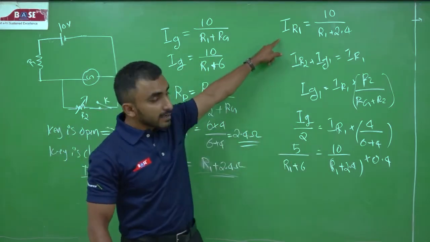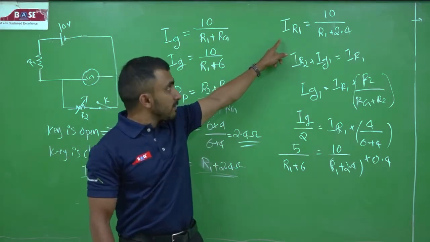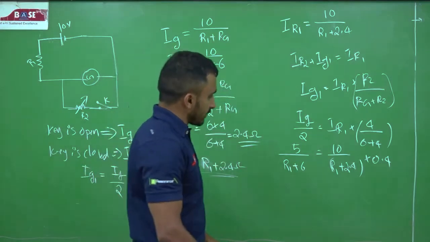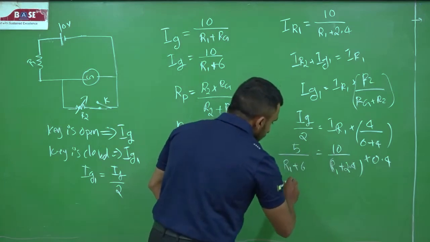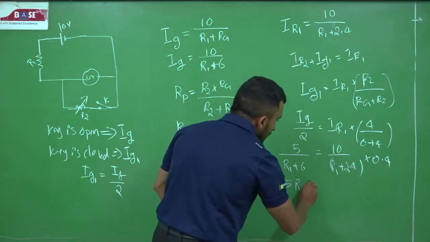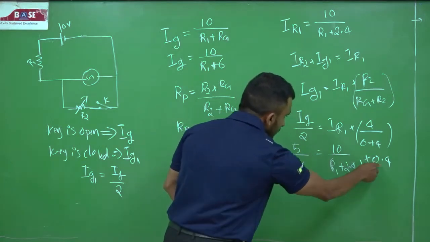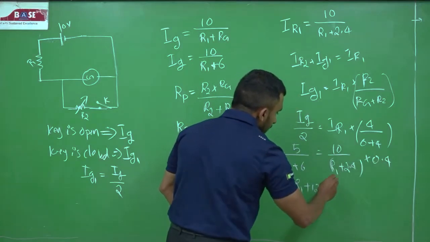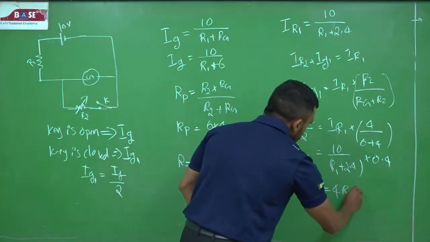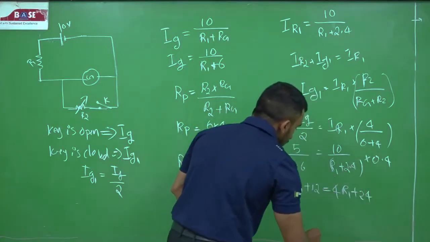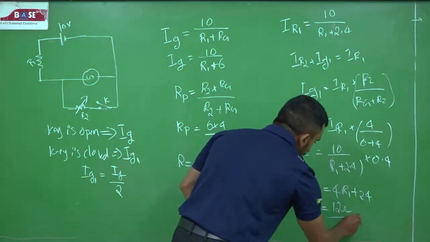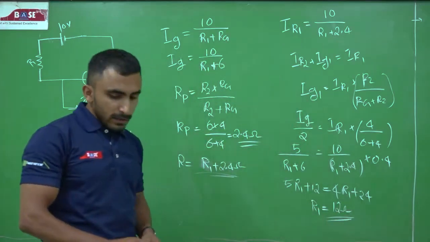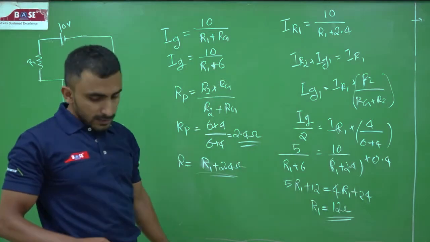Multiplying, I get 5 times R1 plus 12 equals 10 into 0.4, that is 4 times R1 plus 24. So R1 will be equal to 12 ohm. So I got R1.